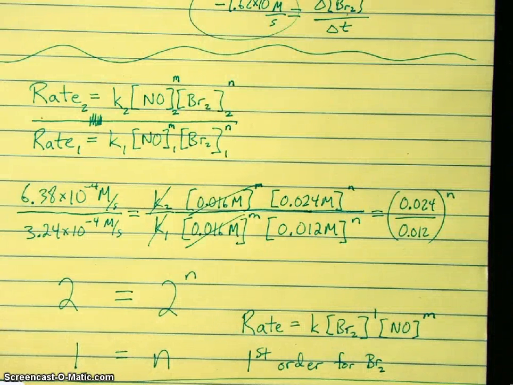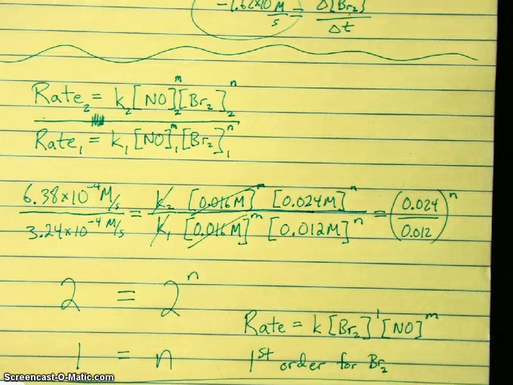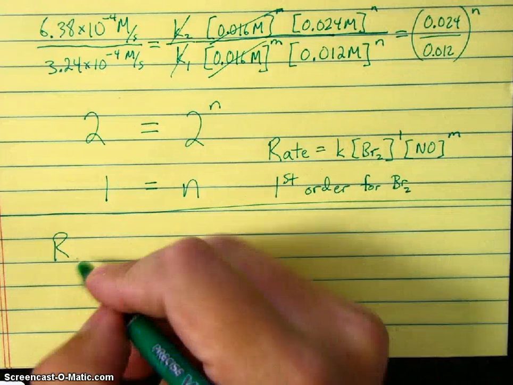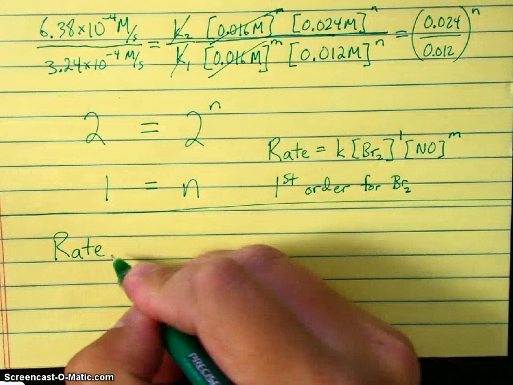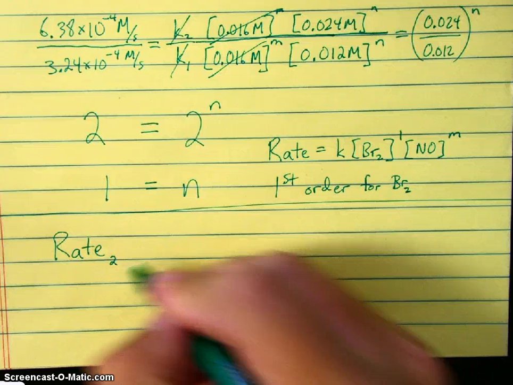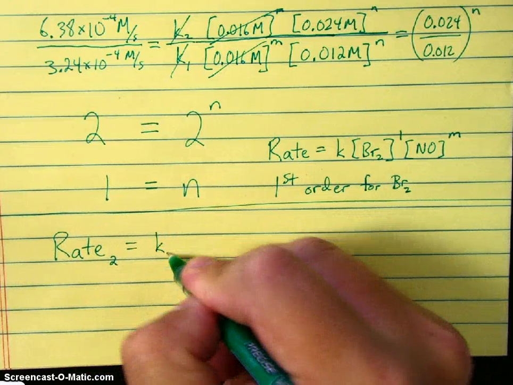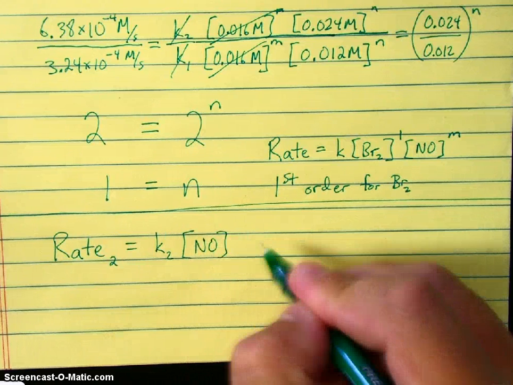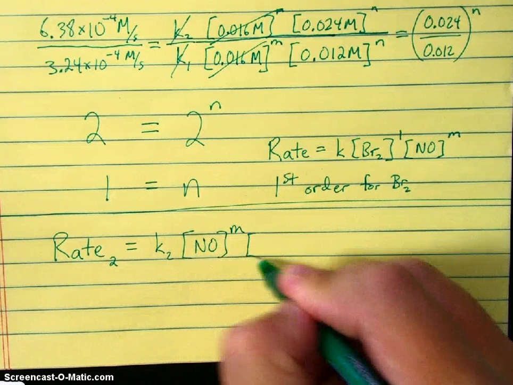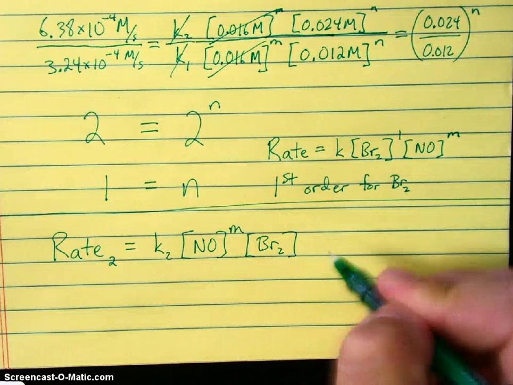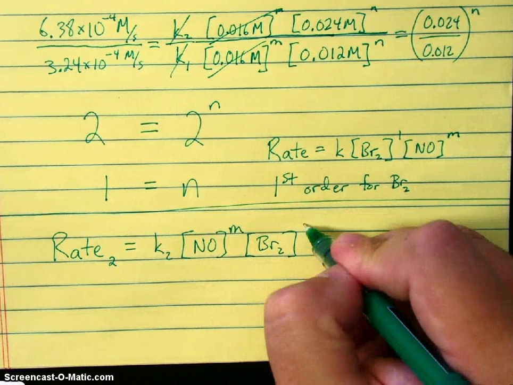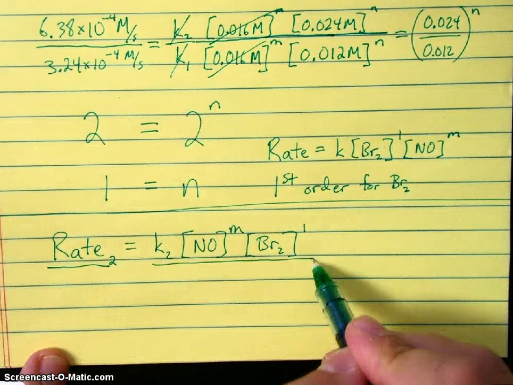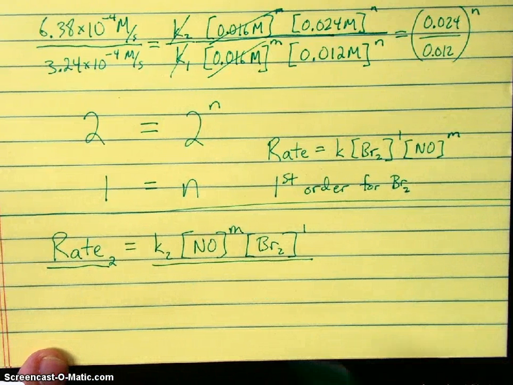Okay, so here's the setup for my work. I'm going to do rate for experiment 2 equals K2 times NO concentration to the M times bromine concentration, and no longer is it N, it's now 1 because I know that from the previous problem.